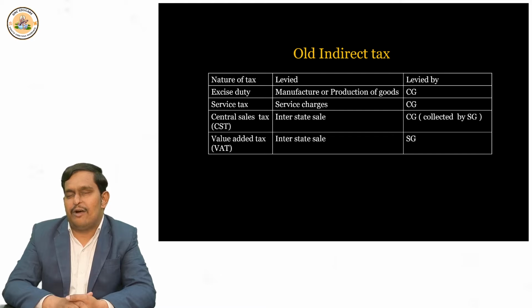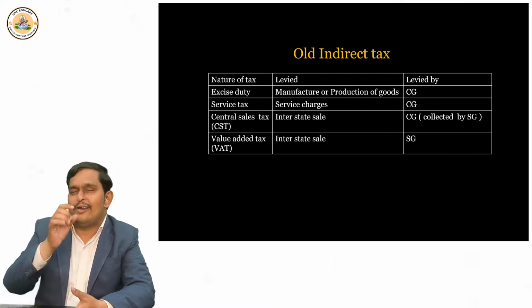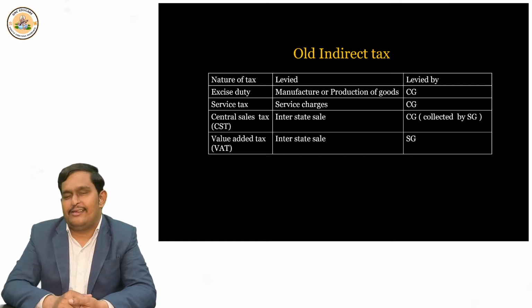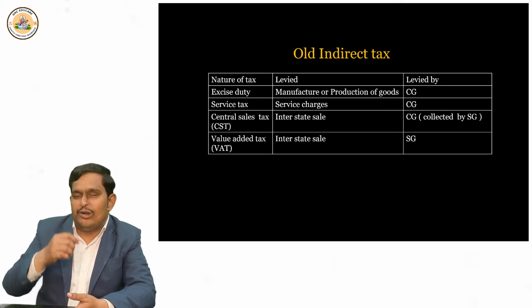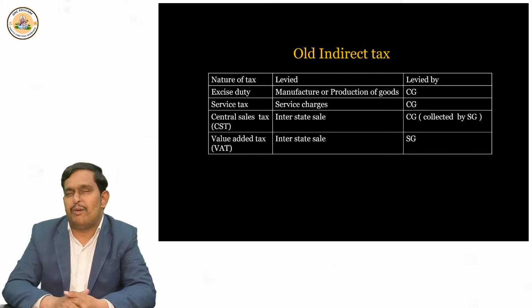Now in this type of multi-authority taxation structure of our country, is it possible that you can effectively implement a multi-point tax system on value addition? Right? There should be a single authority to collect the tax.